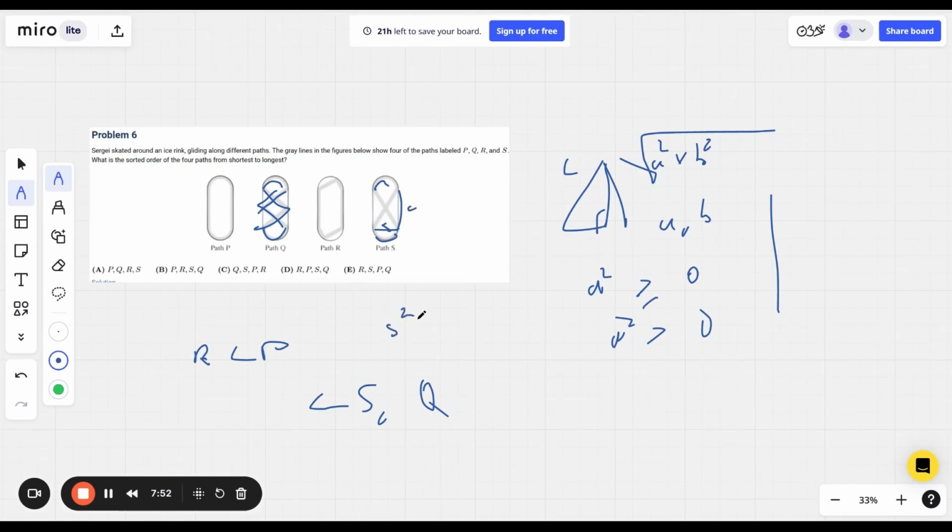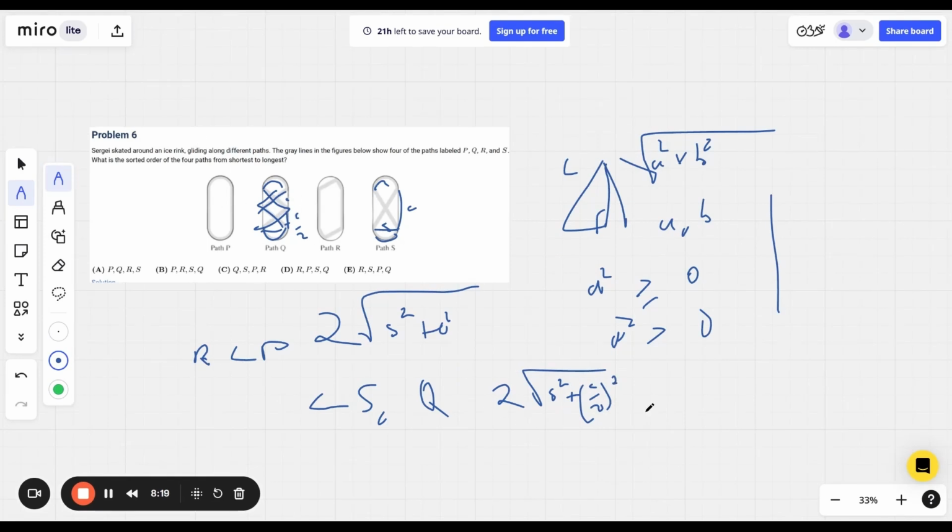This part equals the square root of S squared plus C squared, and we have two of them, so 2 times that. But over here we have half of it, right? So this is going to be C over 2. We have 2 times the square root of S squared plus C over 2 squared. Oh, that's a little bit messy.